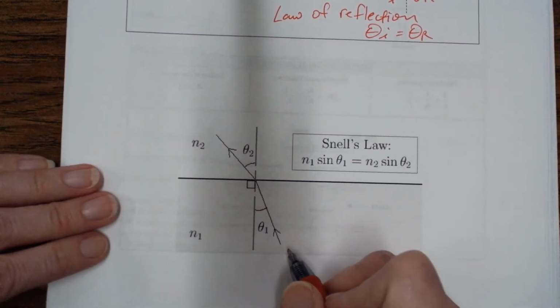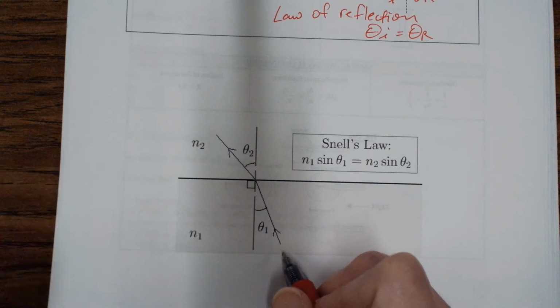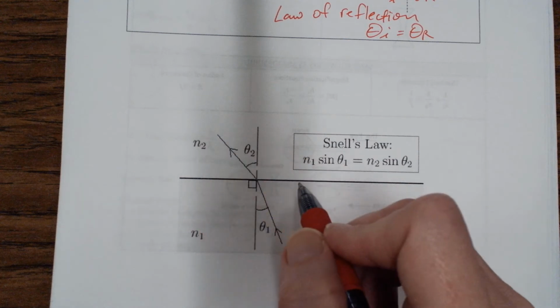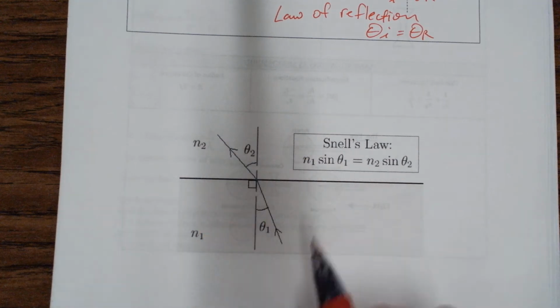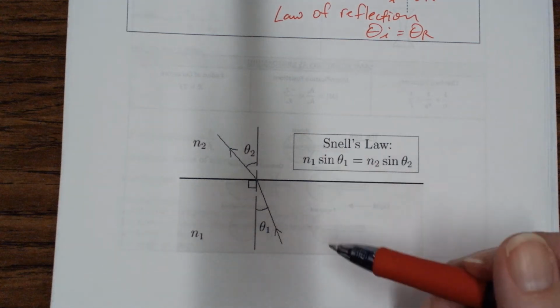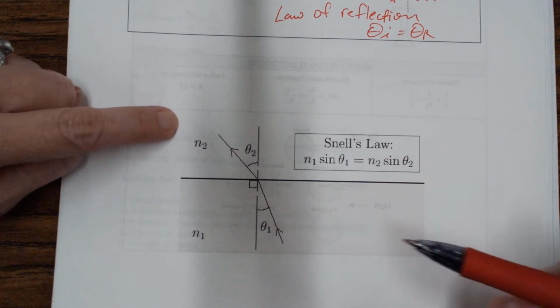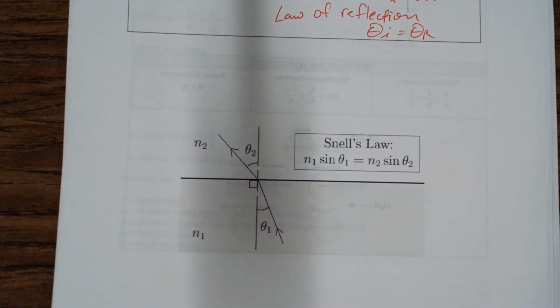But let's see. This is my theta I, right? If this is my incident and this is my refracted material, it's bending away from the normal. So if it's bending away from the normal, which one has higher density, the incident material or the refracted material? I'll give you a second to think about that.